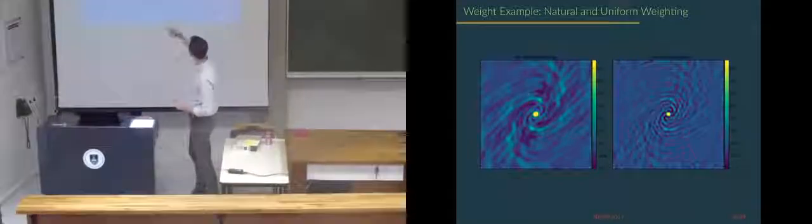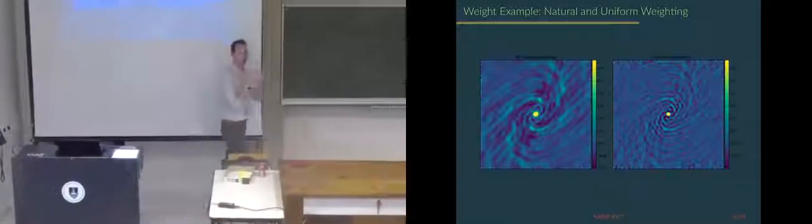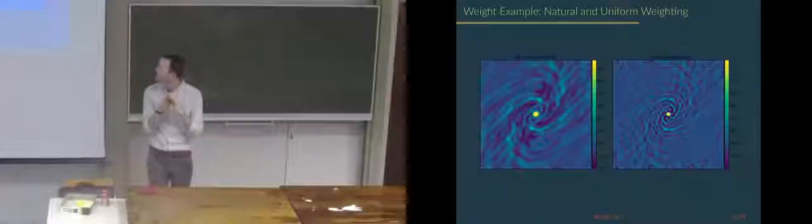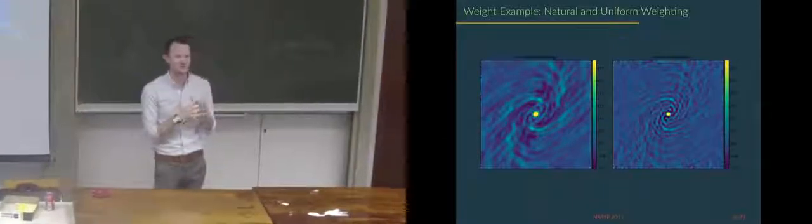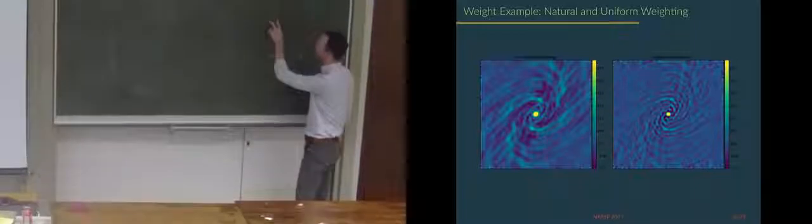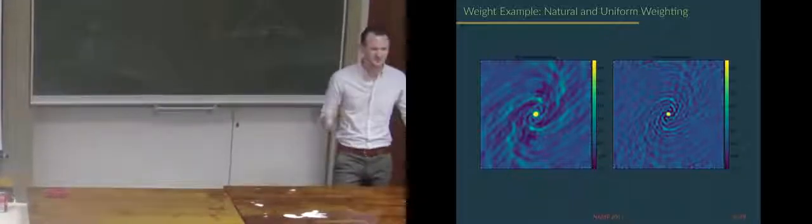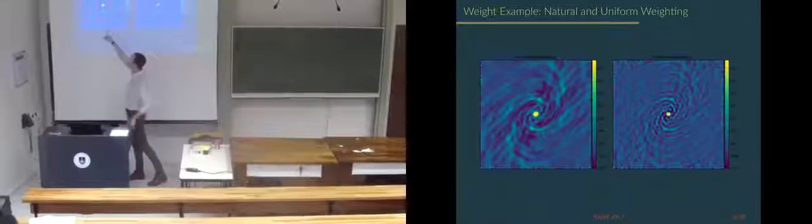What you can see is that with natural weighting, the inner lobe is bigger. It's a little fatter than the uniform, which means you have lower resolution. That should hopefully make sense: because you're weighting these modes more than these modes, you're weighting the lower frequency, or lower resolution, modes versus the higher resolution modes. It can be thought of as a ratio.